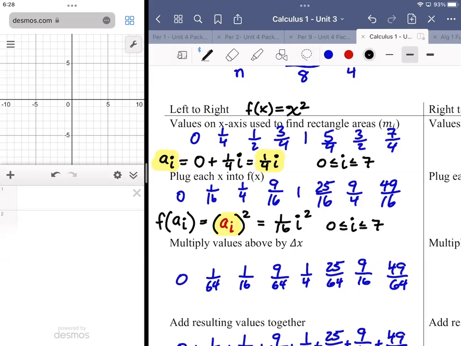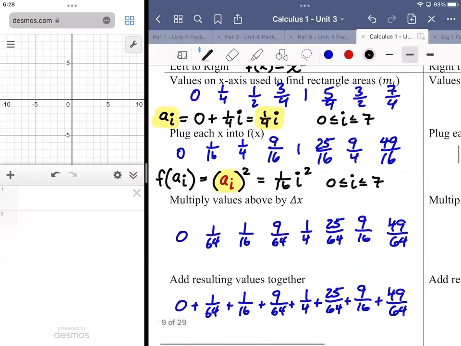All right. So now, again, just following the progression, multiply by delta x. So what we would be doing here is taking this f of a sub I and multiplying it by delta x. We just discovered that f of a sub I is the same as 1/16 I squared.